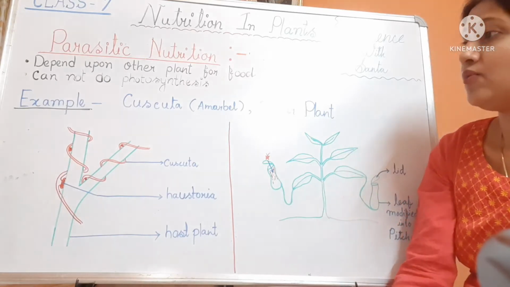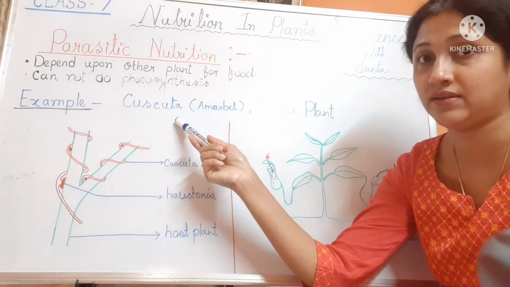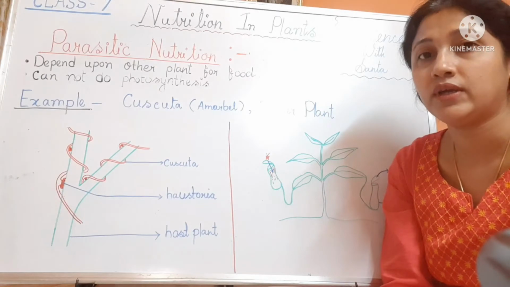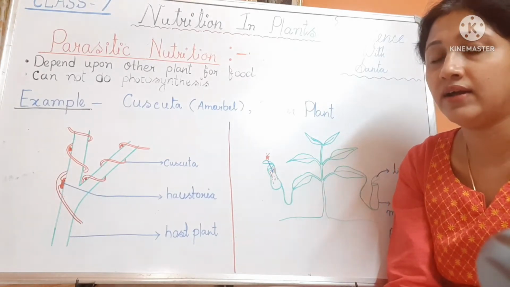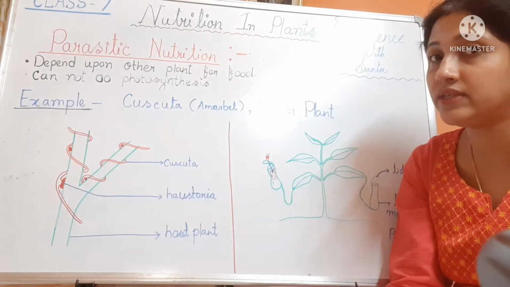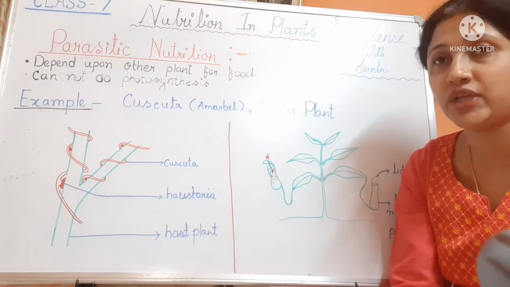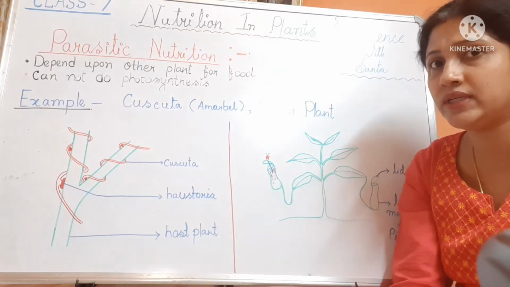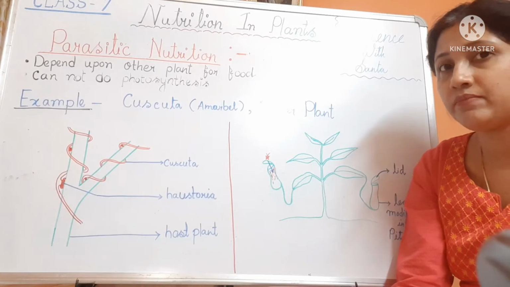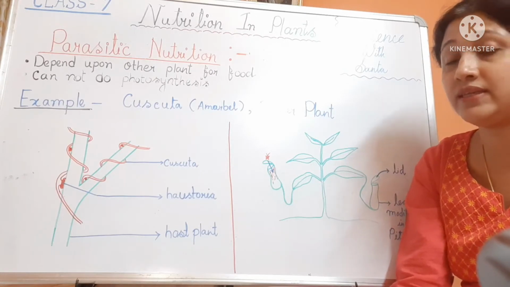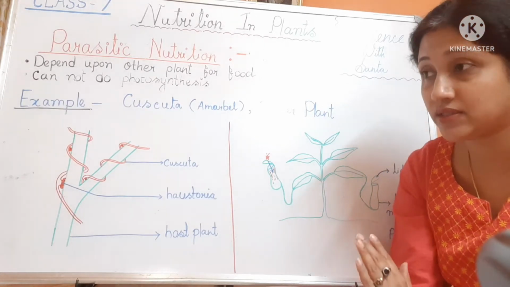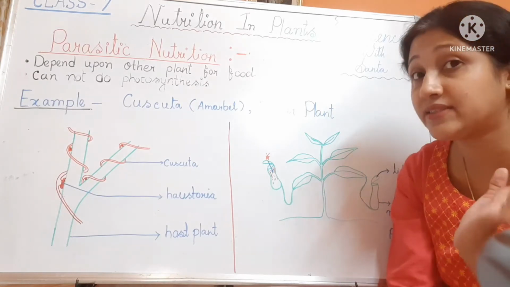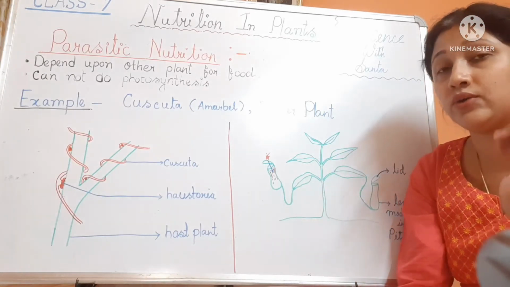Now, what happens with the Cuscuta? Most of you have seen some yellow cylindrical structures on trees, yellow colored wiry structures on the roadside trees.